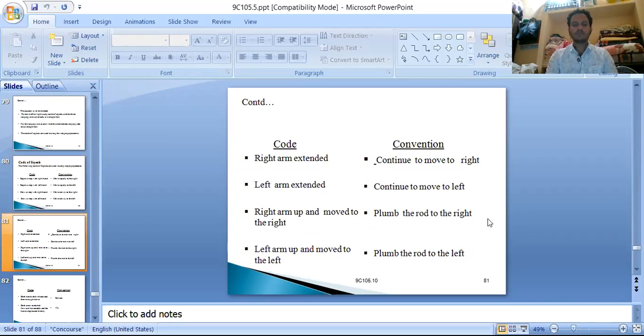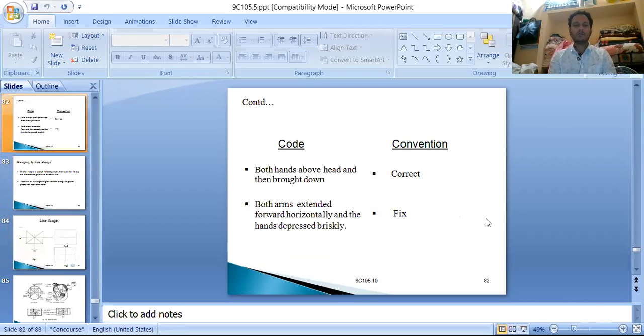Right arm extension means continue to move right. Left arm extension means continue to move left. Right arm up and move to the right means plumb the rod to the right. Left arm up and move to the left means plumb the rod to the left.